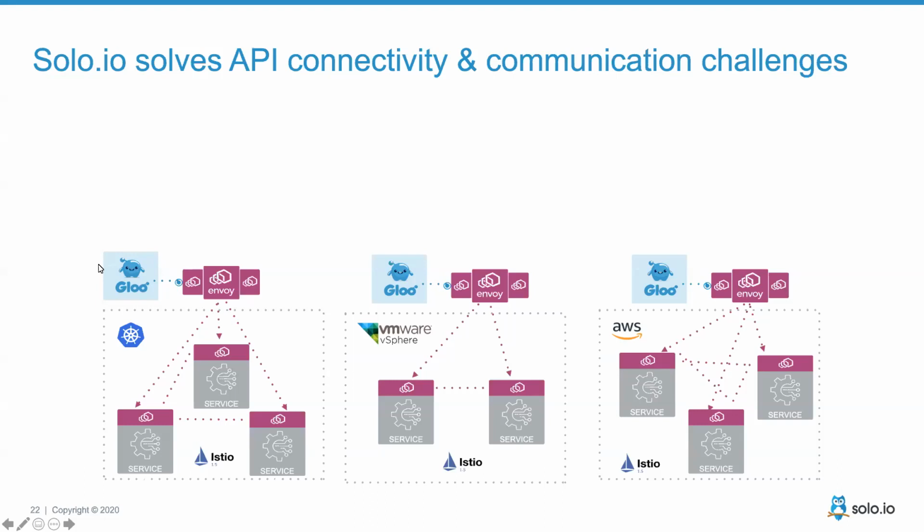Now, at Solo, we are service mesh experts, and we do support in production service mesh implementations. So right now, that's Istio. Istio is sort of the dominant leader, and so we do offer production support for Istio, but our knowledge and our expertise goes beyond that. It goes to AWS App Mesh, it goes to Consul, goes to things like Open Service Mesh and so forth.